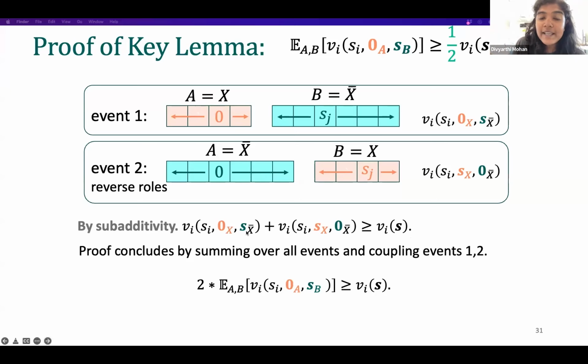So by coupling these two values, I immediately get that 2 times the expectation of the proxy value is going to be at least my true value. And that gives me my key lemma.